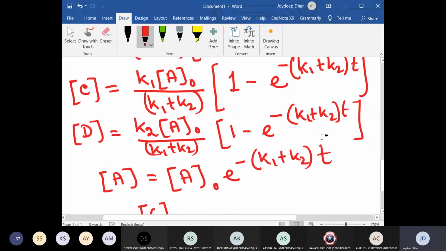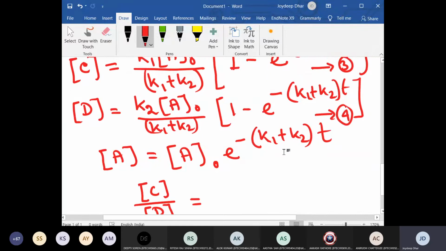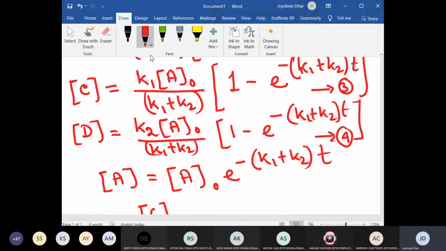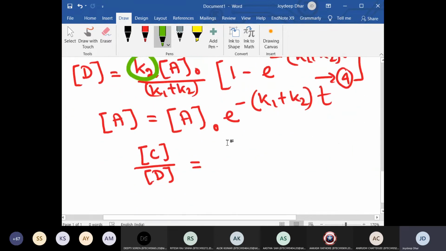These two big equations, if you make the ratio, that is equation 3 divided by equation 4, that is the concentration ratio of products C and D. You will see all the terms will cancel out except K1 and K2, K1 by K2. Okay, that means their ratio is their rate constant ratio.